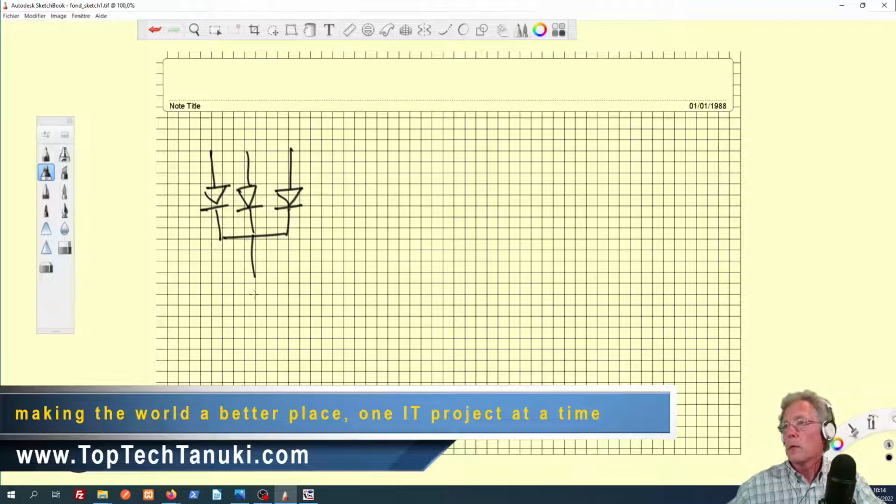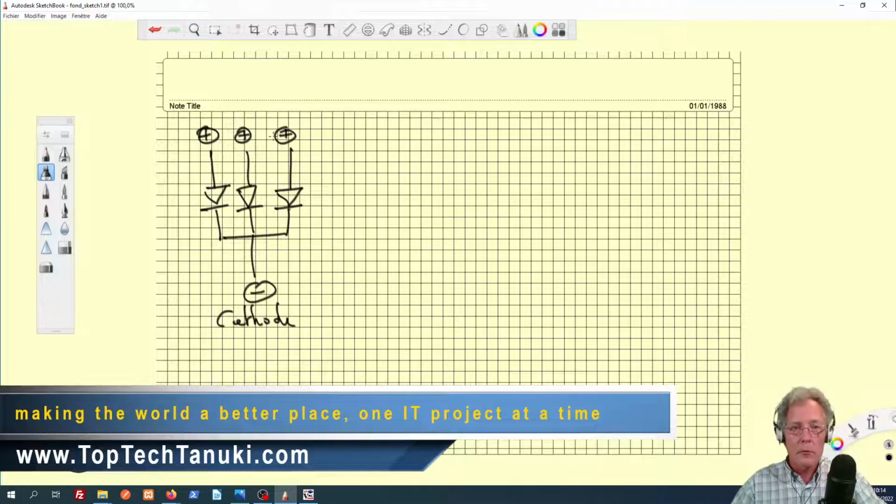A common cathode, which is minus here, and we had to feed it with positive input here.